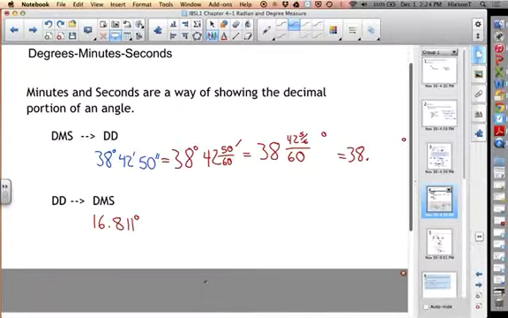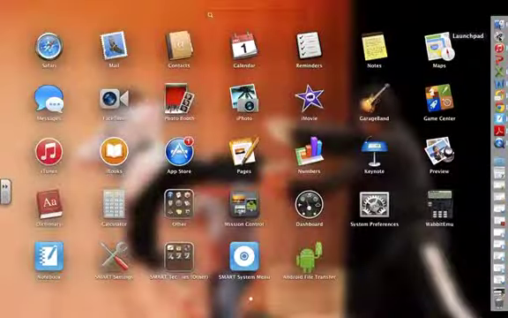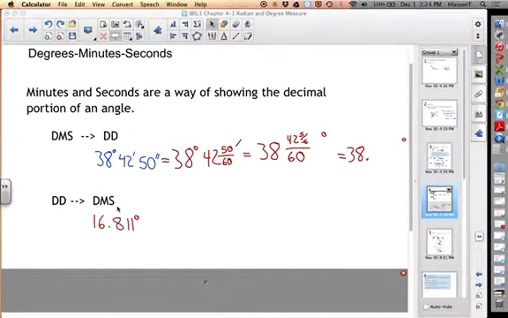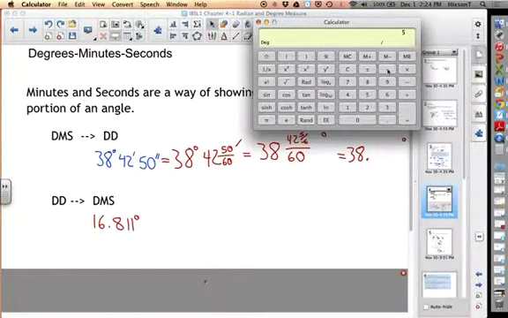So now we figured that out, and doing that with our calculator isn't too hard. Just figure out the 5/6 first of all, and then add on the 42. Okay, so there's 42.8333 minutes. Now I need to convert that to degrees, so I divide by 60 again, and I get 0.713888, and so on.